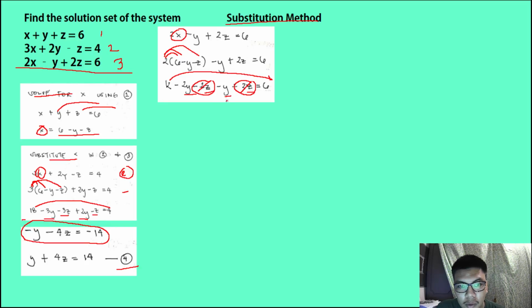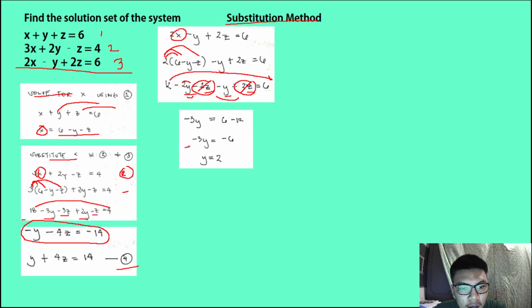Ano ang dapat nating mapansin? So ang natitira na lang na variable sa iyo ay isang variable na lang, okay? So meron ka na lang ngayong negative 3y is equal to negative 6. Okay. So pa-solve mo na yung value ng y. So you're going to divide both sides by negative 3. So you have y is equal to 2.